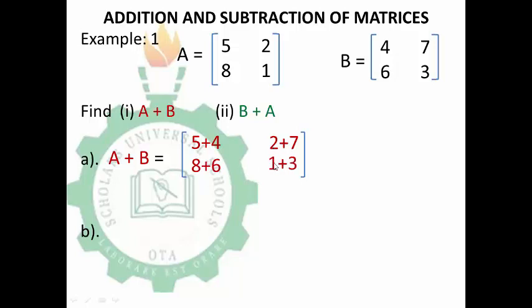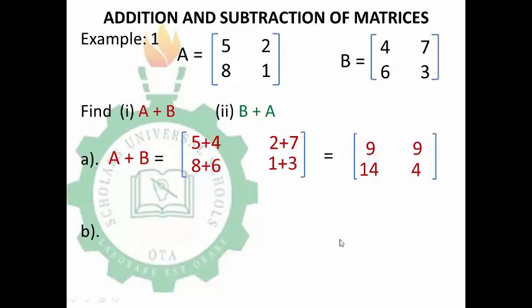We can proceed to the answer: 5 plus 4 gives us 9, 2 plus 7 also gives us 9, 8 plus 6 is 14, and 1 plus 3 gives us 4. So with that, we have added the matrices. The matrix A plus matrix B equals a matrix with elements 9, 9, 14, 4.